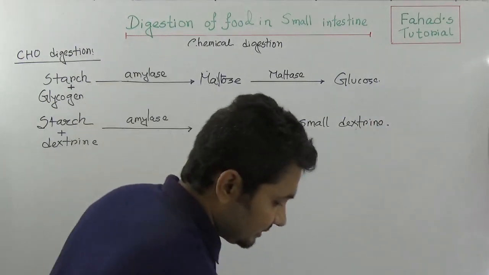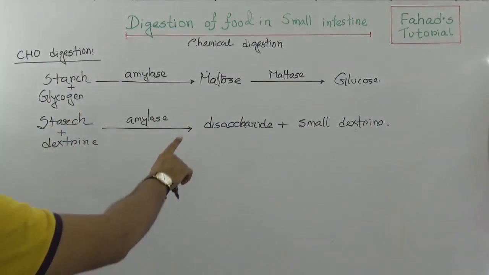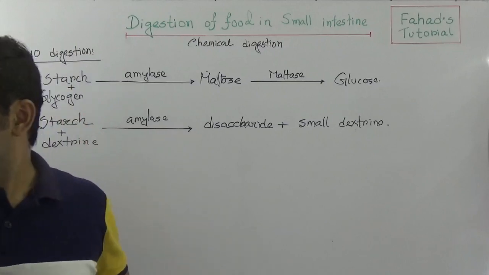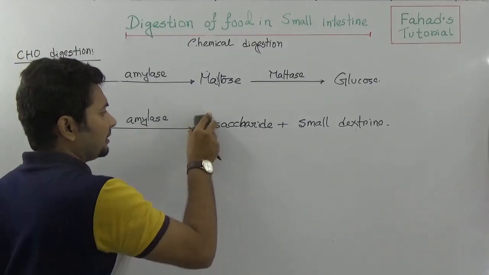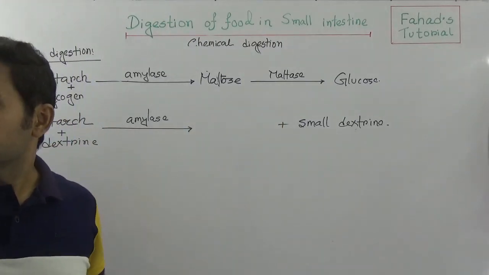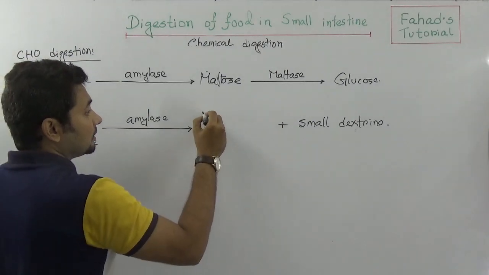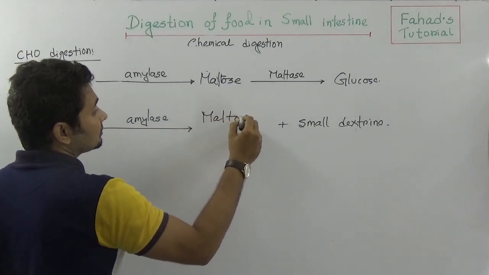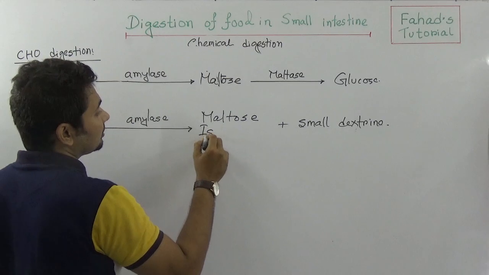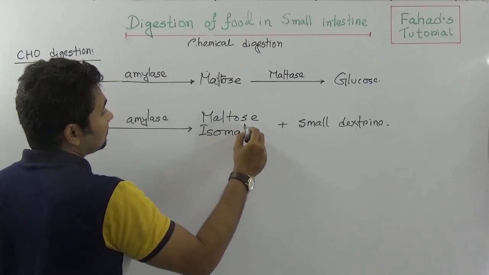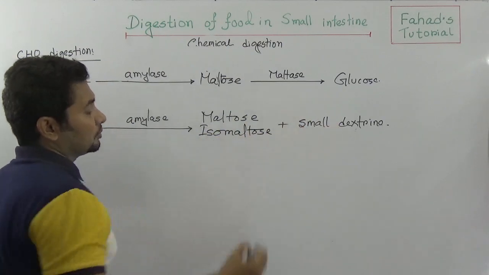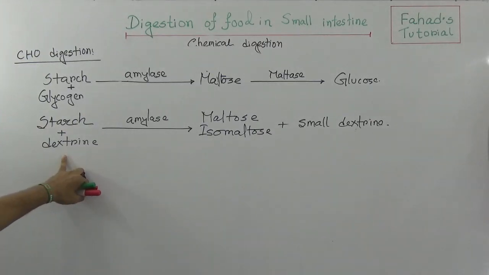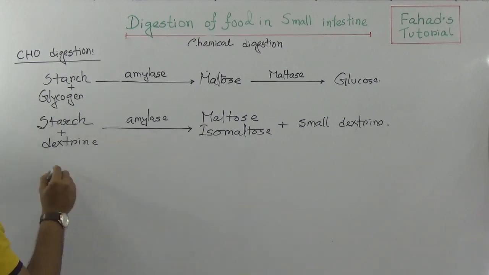One thing: disaccharide should not be the term, it can be more specific. It can be maltose, it can be isomaltose, and small dextrin. So starch and dextrin will be broken down into maltose, isomaltose, and then what is going on?